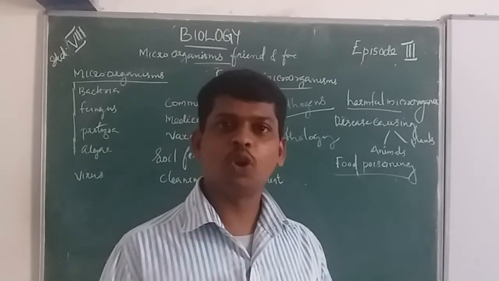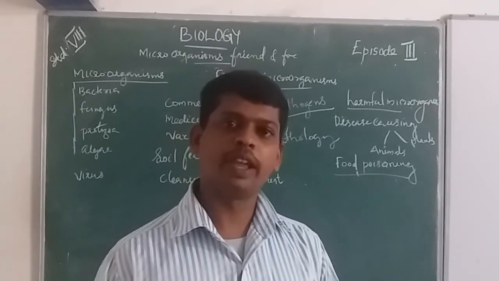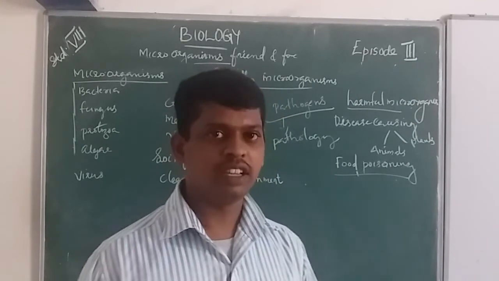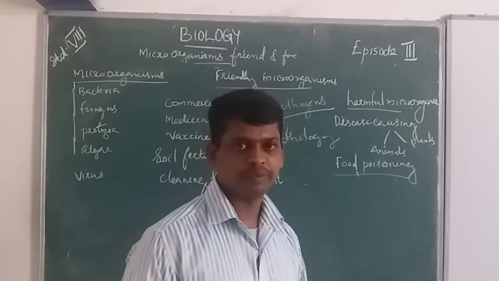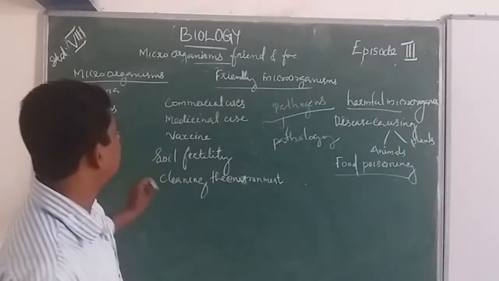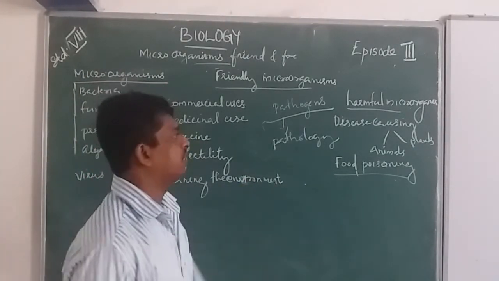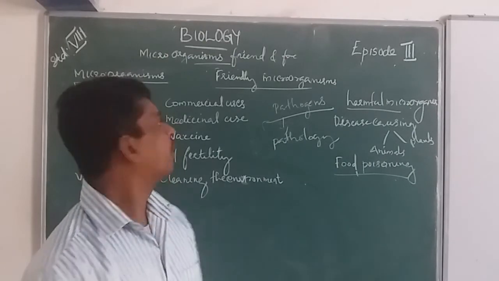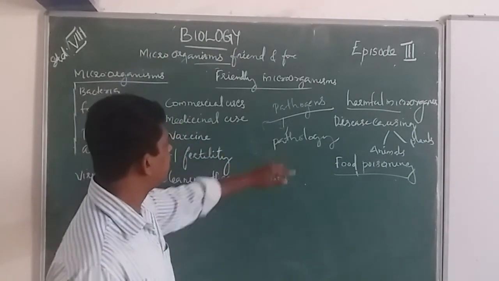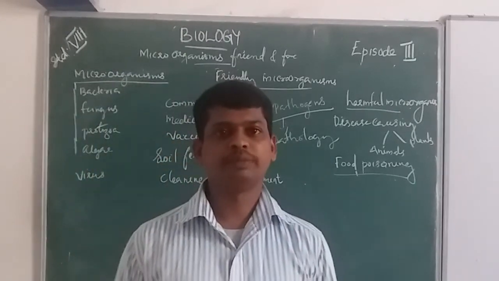They produce some toxic substance, then the food becomes poisonous. Eating the poisonous substance can cause death. Okay, these are the main points of microorganisms, friend and foe.